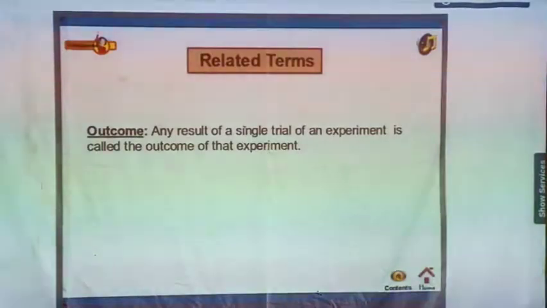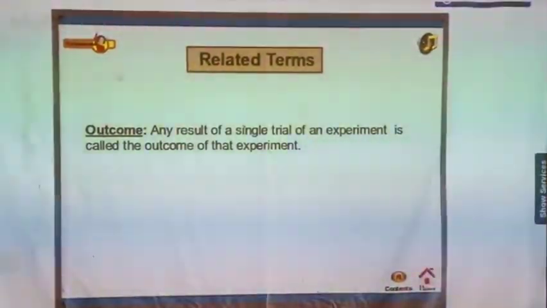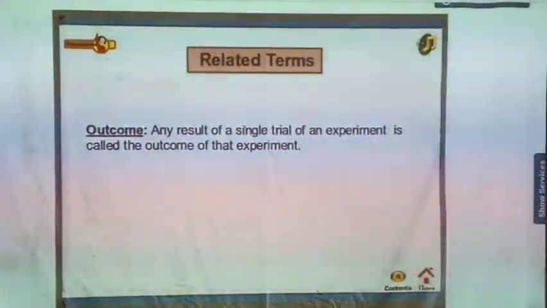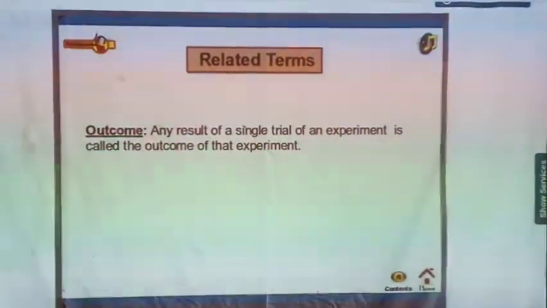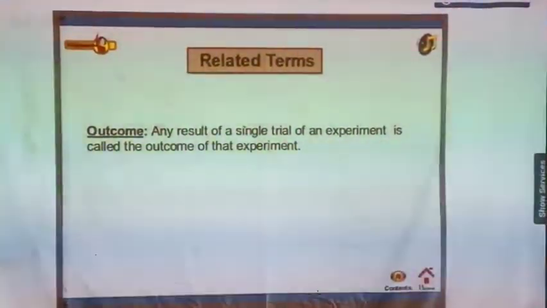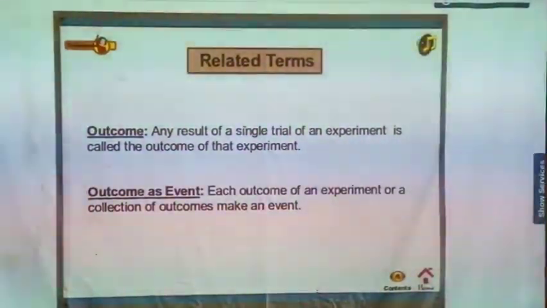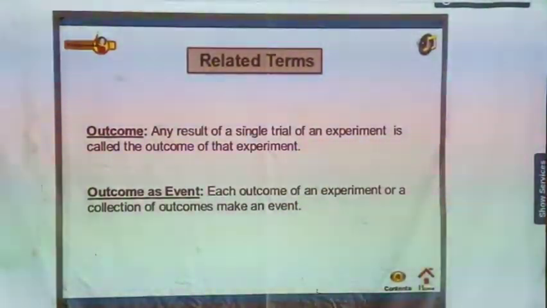For example, when rolling a die once, it lands on face 2. It is an outcome of the experiment of rolling a die once. Outcome as event: each outcome of an experiment or a collection of outcomes makes an event. For example, getting an even number could be an event of the experiment of rolling a die once.